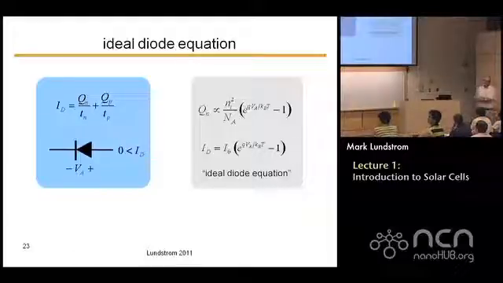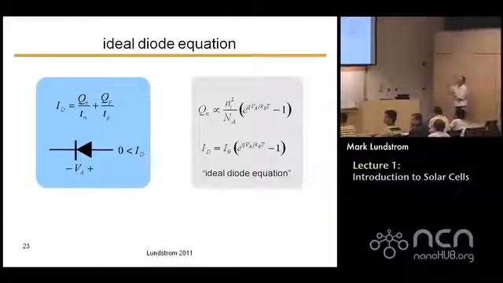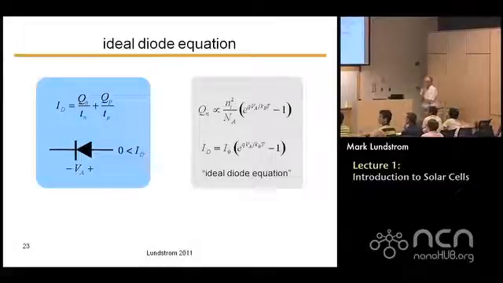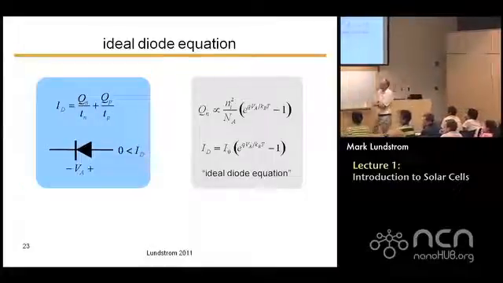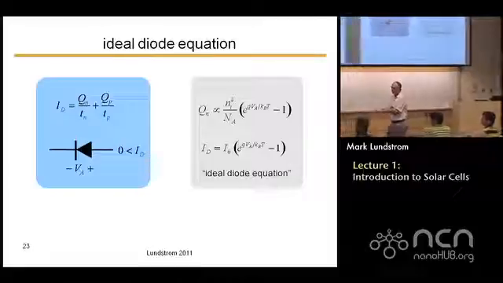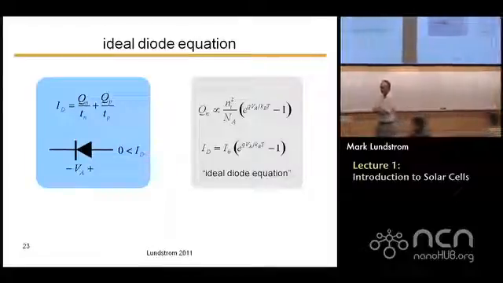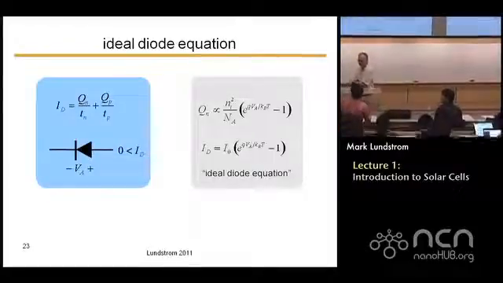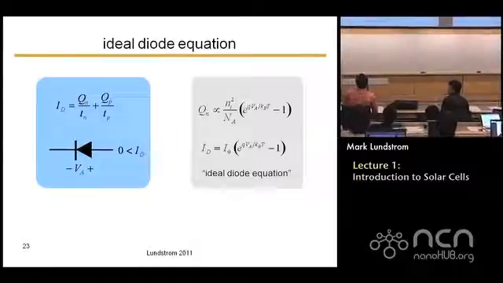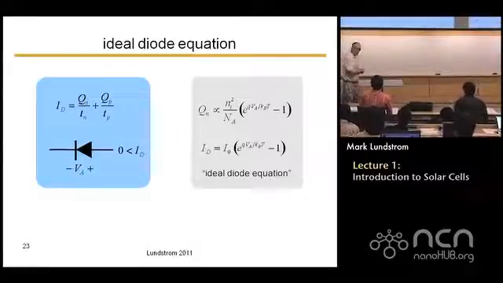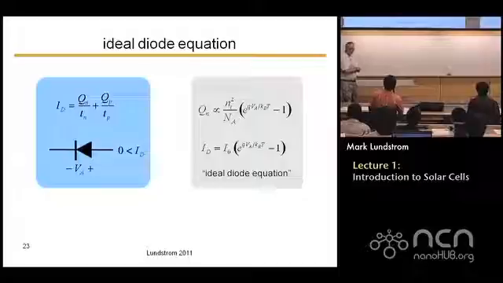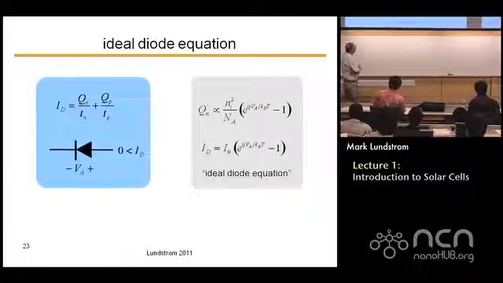Yeah, okay. You said this equation is called the ideal equation, yes? And we have non-ideality in our layers, yes? How do you treat non-ideality, and what kind of non-ideality will we have? Yeah, so I will say a little more about this in my next lecture. So this is what people call the ideal diode equation.